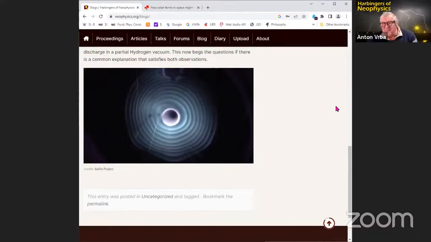But what we have here is a steel anode in the middle in a partial hydrogen vacuum that has formed these spheres around it.